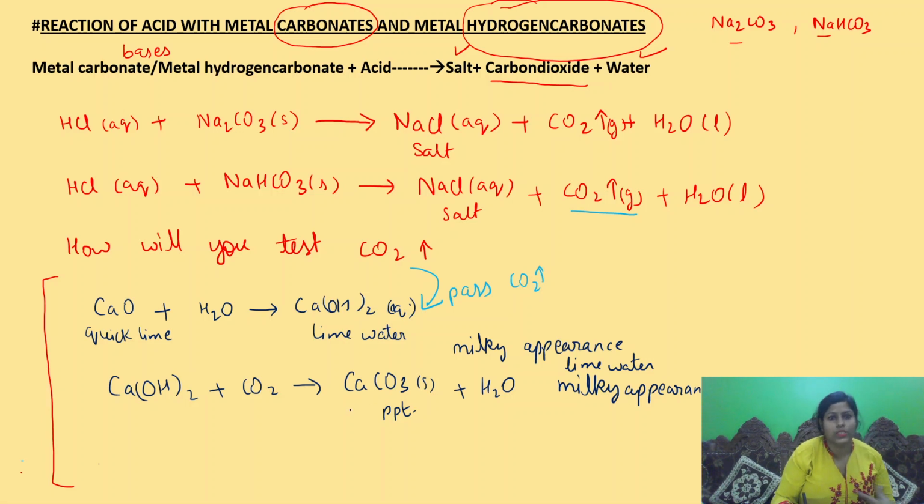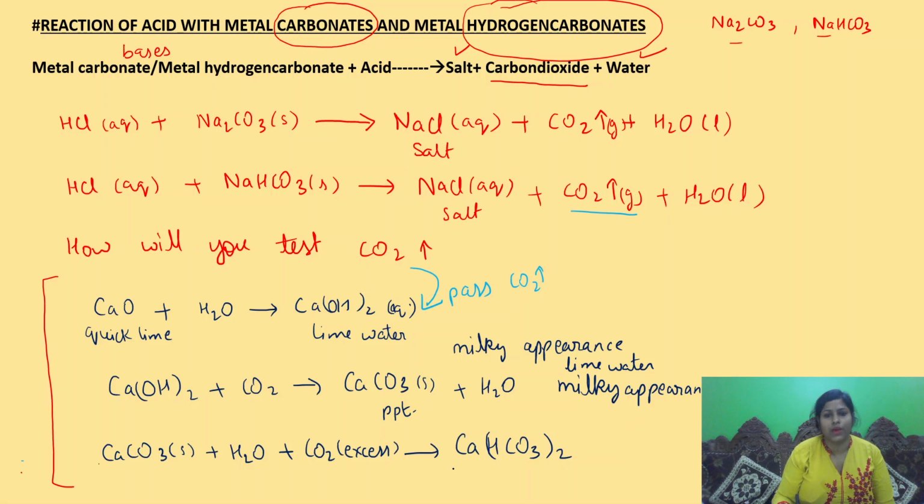Now we will go much deeper into this reaction. What happens when we pass excess of carbon dioxide in the calcium carbonate and water? Here it is CO2. This is excess. What will be formed? Calcium bicarbonate. Ca(HCO3)2.